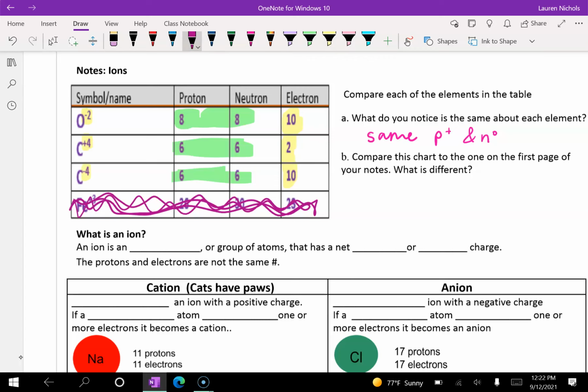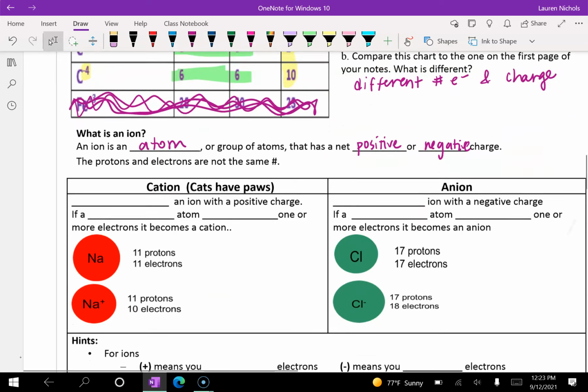So we have a different number of electrons and a charge. An ion is an atom or a group of atoms that has a net positive or negative charge. This is where the protons and the electrons are not the same number. It's when they're an ion.